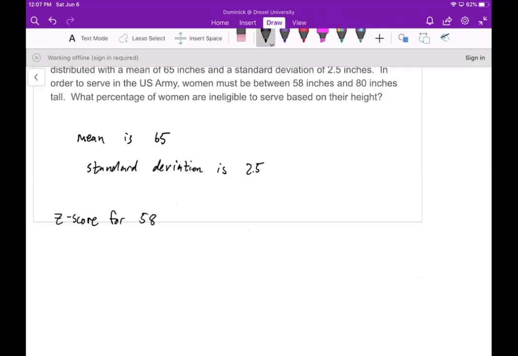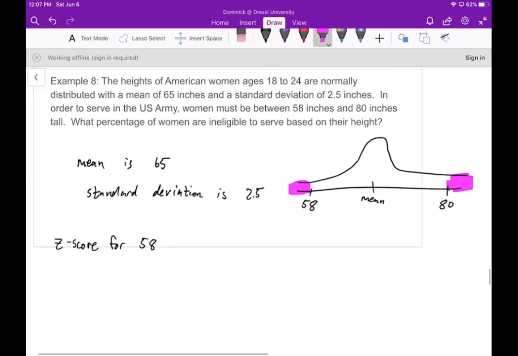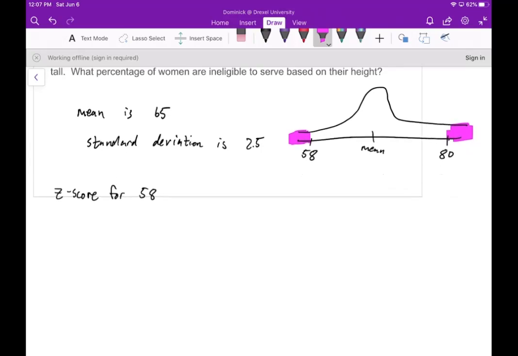Because what we want to find is, here's our normal distribution, we have our mean here, here's 58 somewhere, and here's 80. We want to find the women that are shorter than 58 inches or taller than 80 inches, and those would be the women that would be ineligible.